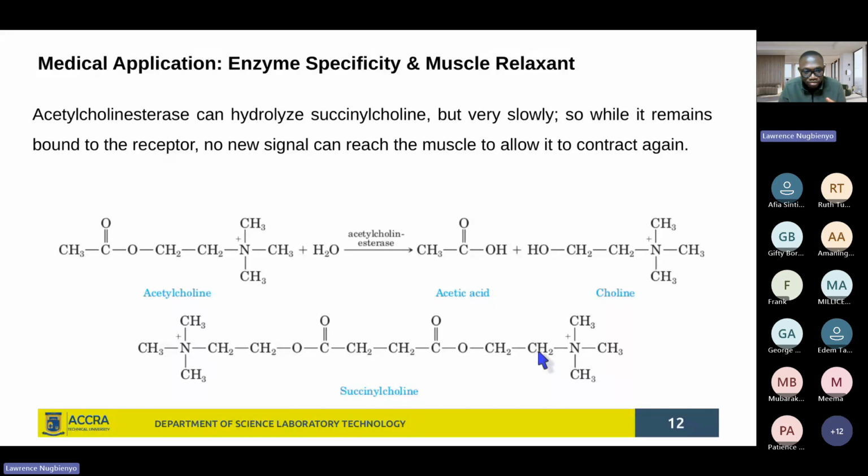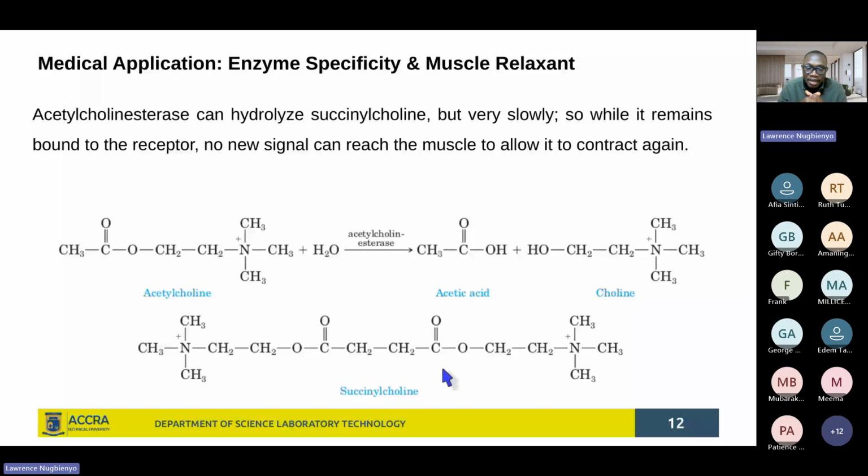If you pay attention to the structure of succinylcholine, you realize that it is a dimer of acetylcholine, like two acetylcholine molecules that have a covalent bonding between them. You have the choline ends at the left and right-hand side, and then at the center you have the acetic parts that are bonded between them.